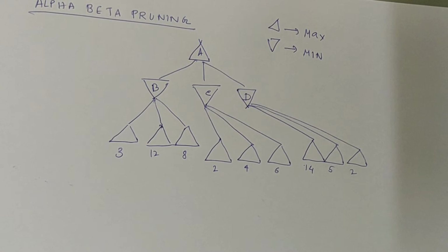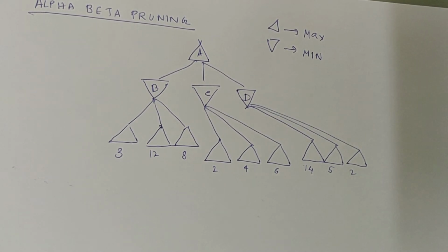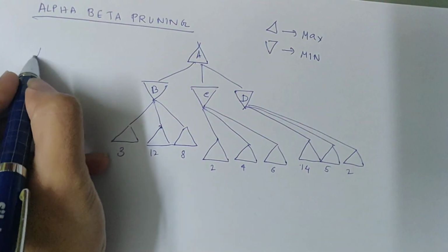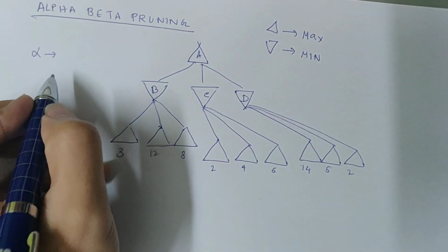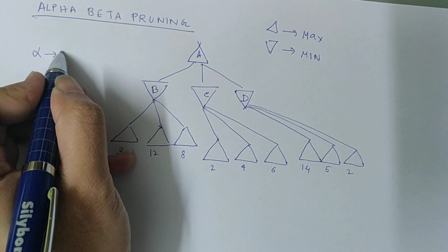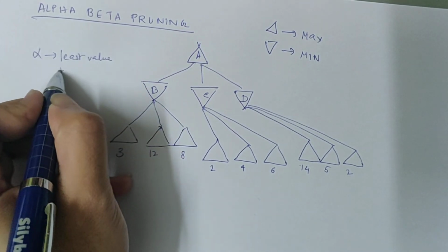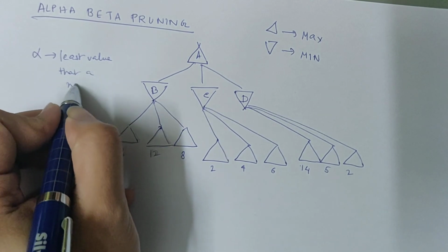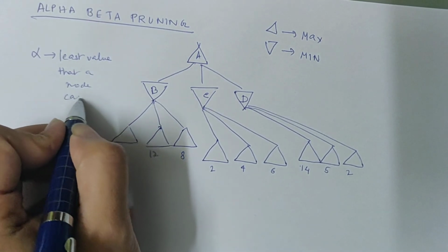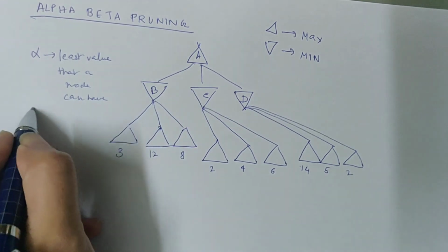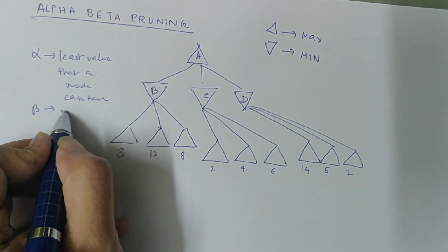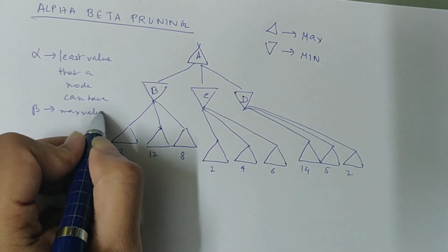So let us start our alpha beta pruning. What is alpha and beta? Alpha is the least value that a node can have. Beta is the max value that a node can have.